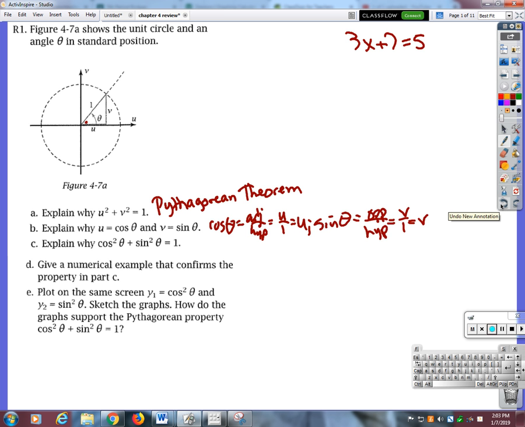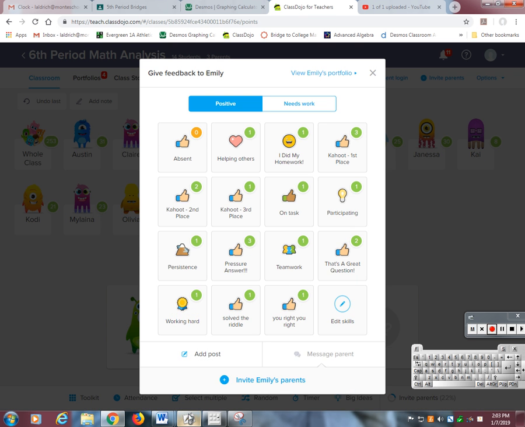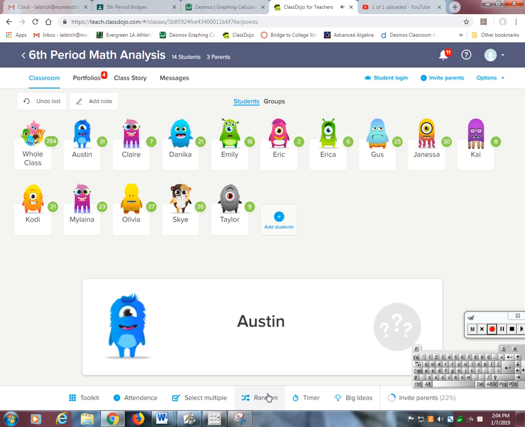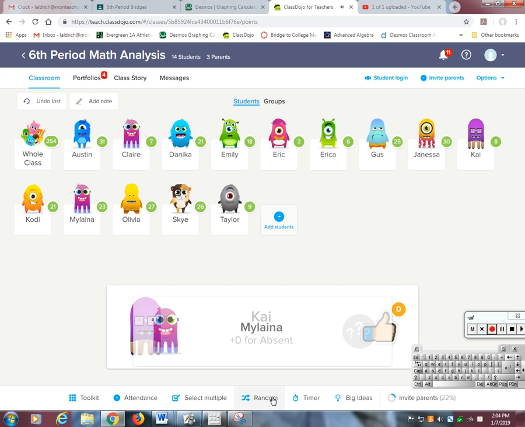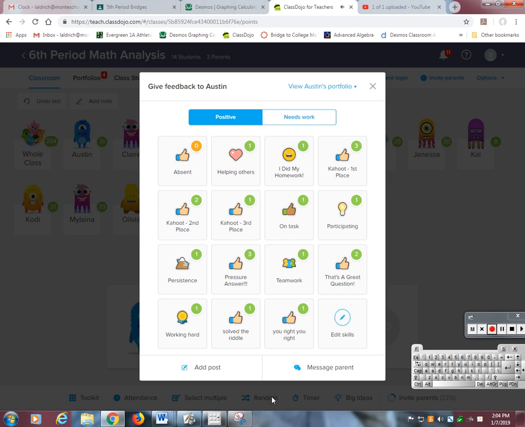What's that fancy word for plugging it in? By substitution. All right, so we know that by substitution. So that was a little geometric and algebraic proof of the most important identity in the free world.